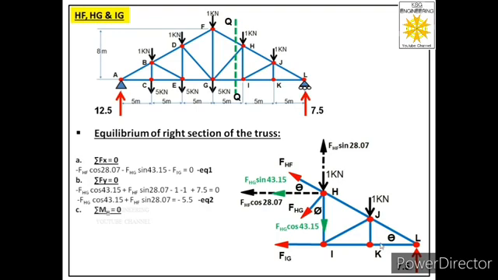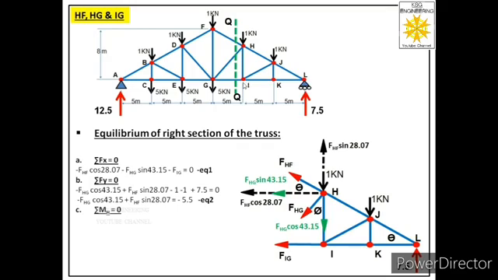Then we have to find the moment because of the 1 kilonewton force about joint H. It will also generate clockwise moment, so we have to consider this also negative. And its magnitude will be 1 into this distance, that is 5 meters. Now let us see the moment because of this reaction. This reaction will generate anti-clockwise moment, so we will consider this as positive, and its magnitude will be 7.5 into 10.